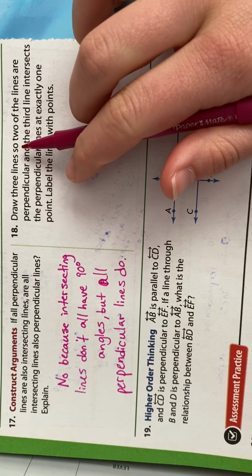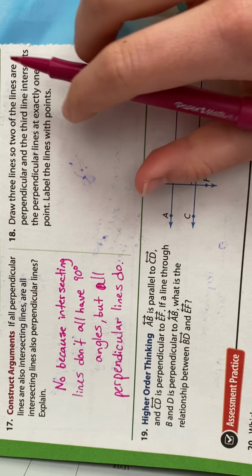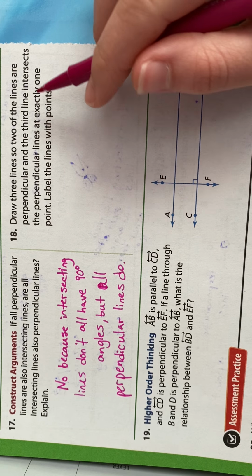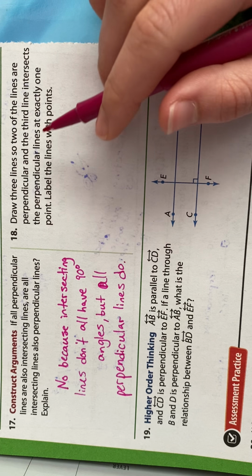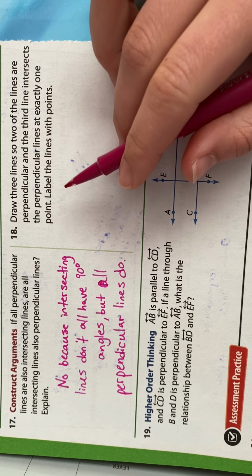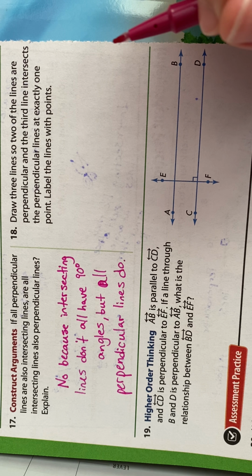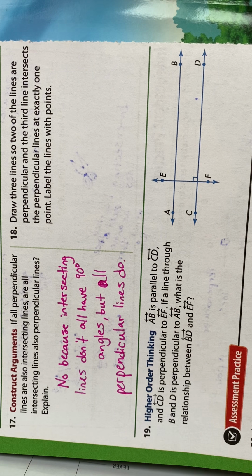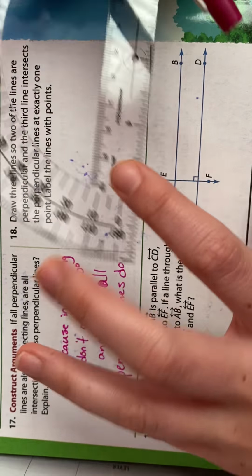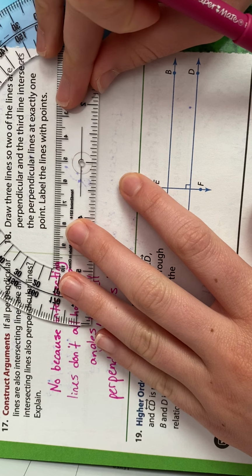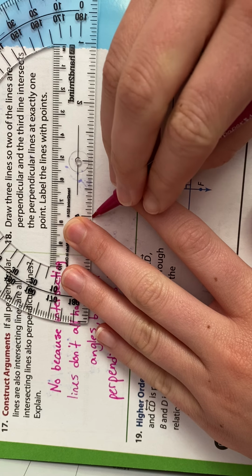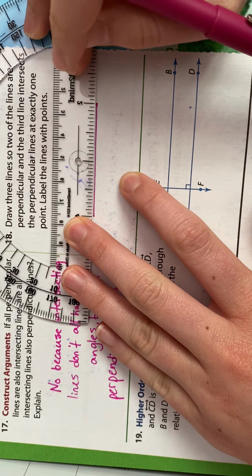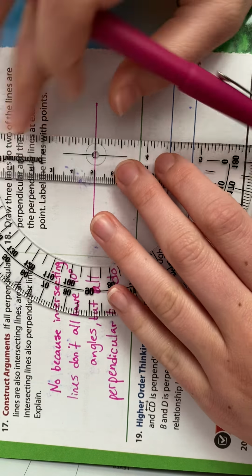And draw 3 lines. So 2 of the lines are perpendicular, and the third line intersects the perpendicular lines at exactly 1 point. Label the lines with points. I'm going to go ahead and pull out my protractor for this activity. I'm going to start with my perpendicular line.